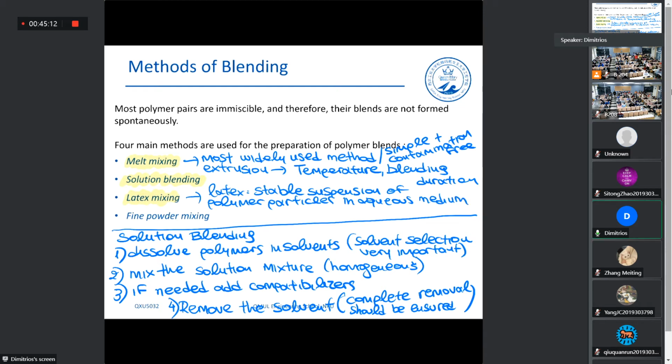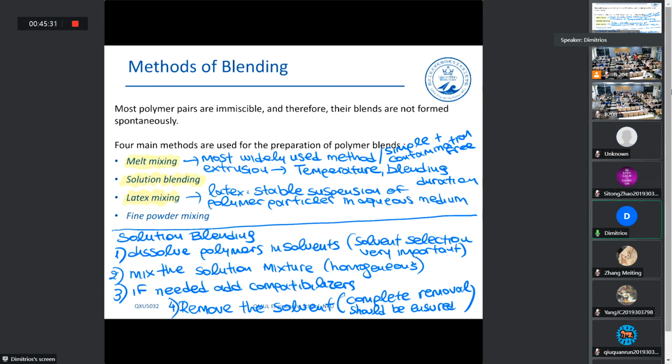Okay, so we mix these two latex forms and we create this polymer blend, and then we get rid of the aqueous medium, and eventually we end up with a blend.